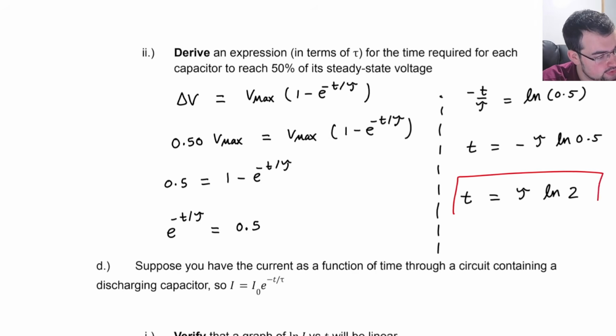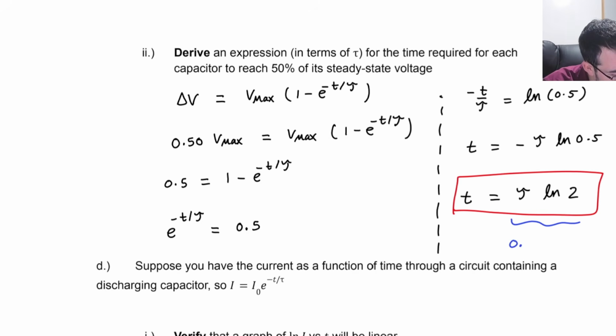And remember that it takes one time constant to reach 63%. So if we actually work this out, this better be less than one time constant, and it is. This is roughly 0.6. I know it's about 0.6. My guess is about 0.63, but we'll see. This is about 0.6 tau. Anyway, it's less than 1.